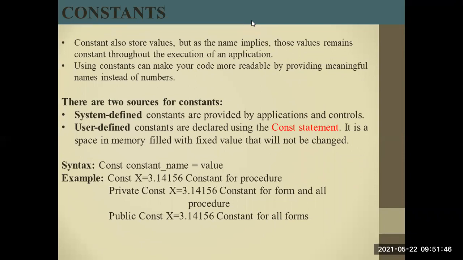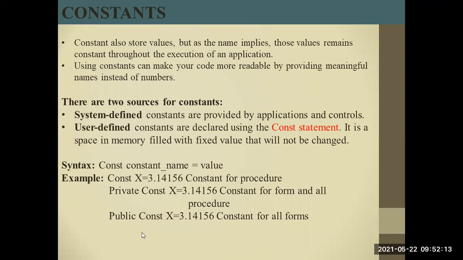Second, the Dim keyword is used for a local variable, whereas we can use the private or public keyword in case of a module level variable. Also remember the scope of the variable. If it is defined as a local variable, what will be its scope? And if it is defined as a module level variable, what will be its scope?